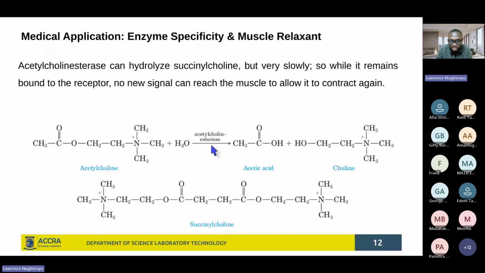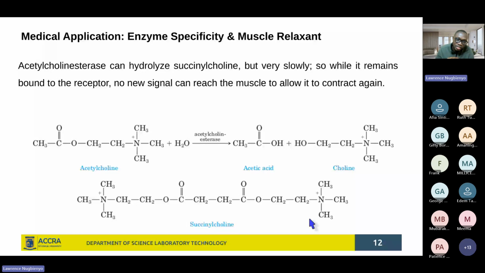So succinylcholine is used as a muscle relaxant, which is used in minor surgeries, when it is injected into the tissue where surgery is to be performed. Because it attaches to the muscles and it will take a long time for acetylcholine esterase to break it down, for it to dissociate from the muscles, the succinylcholine will still be attached to the muscle cells.